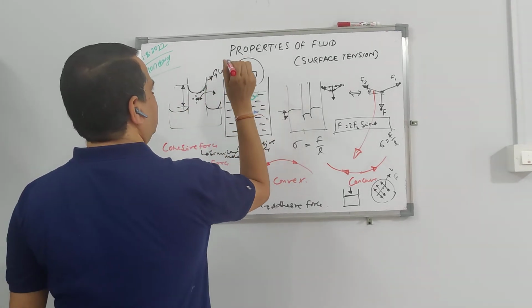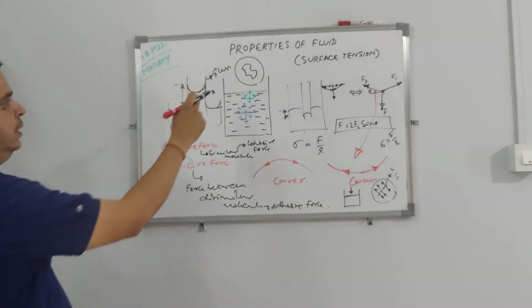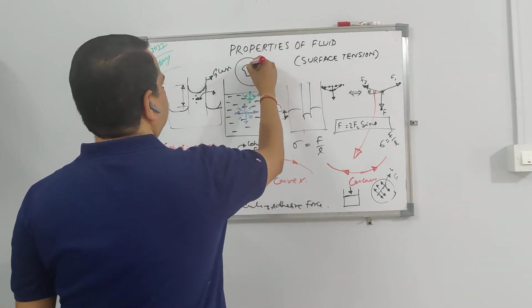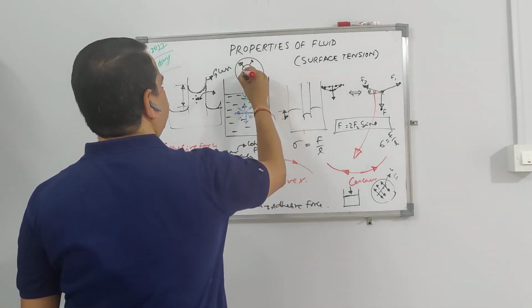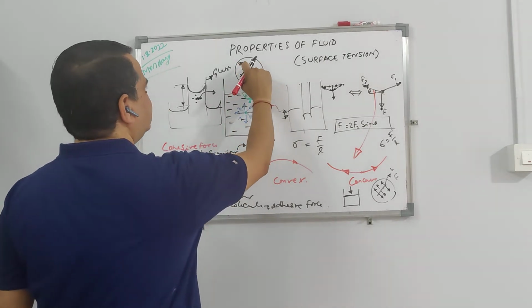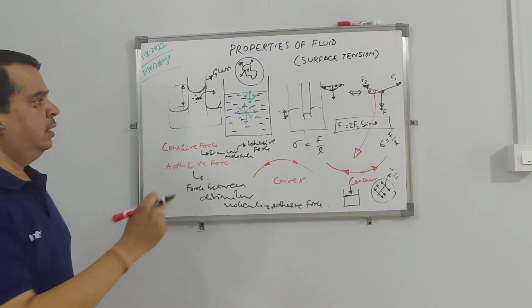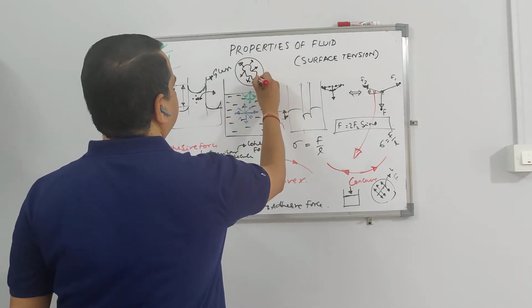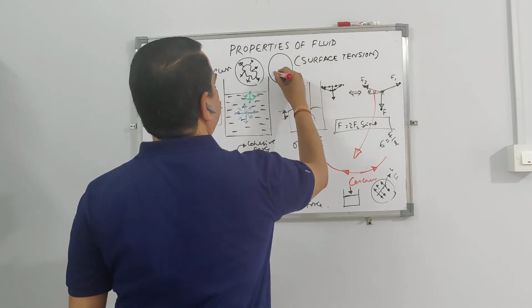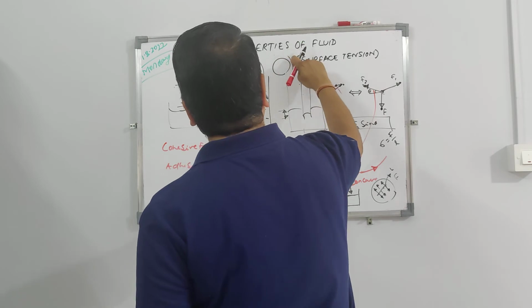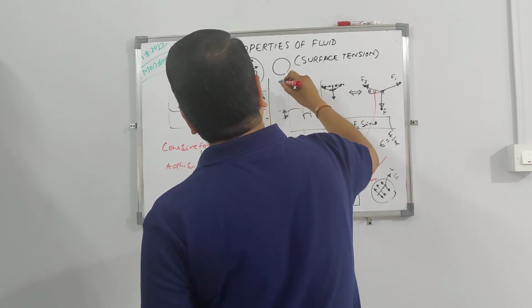If you just put a needle on it, the film inside will get removed. Because the forces are acting outside, earlier inside force was there, now only outside force is there. Because of this force acting, after some time it will become circular.